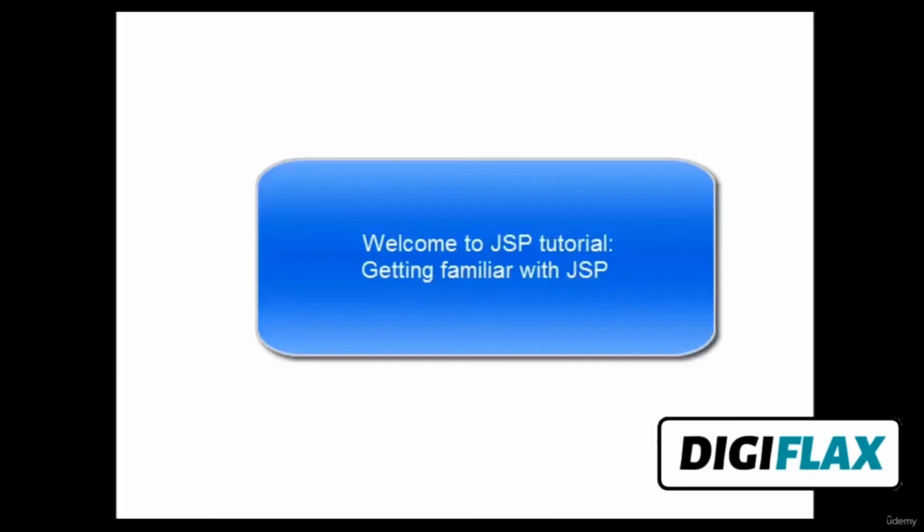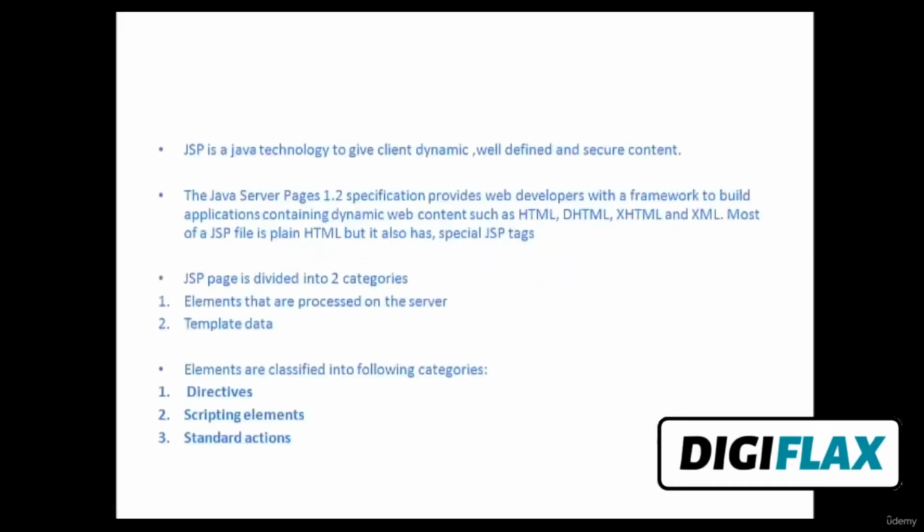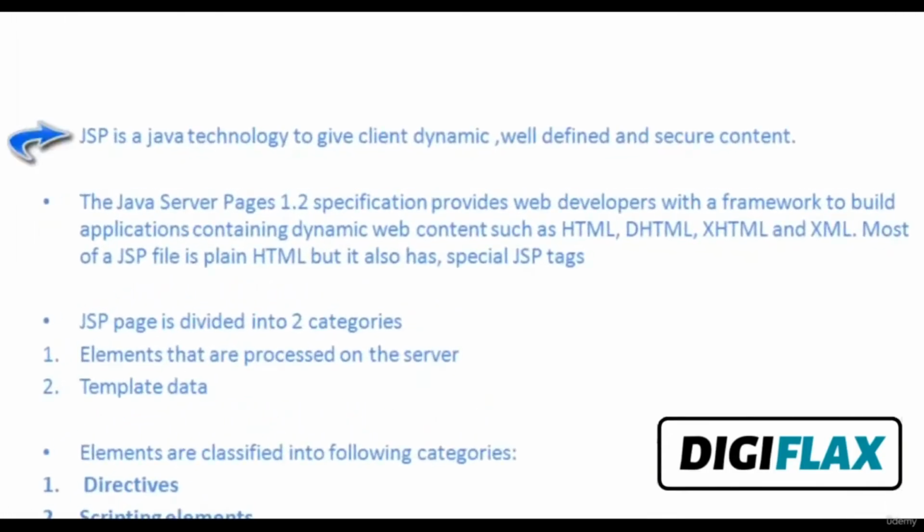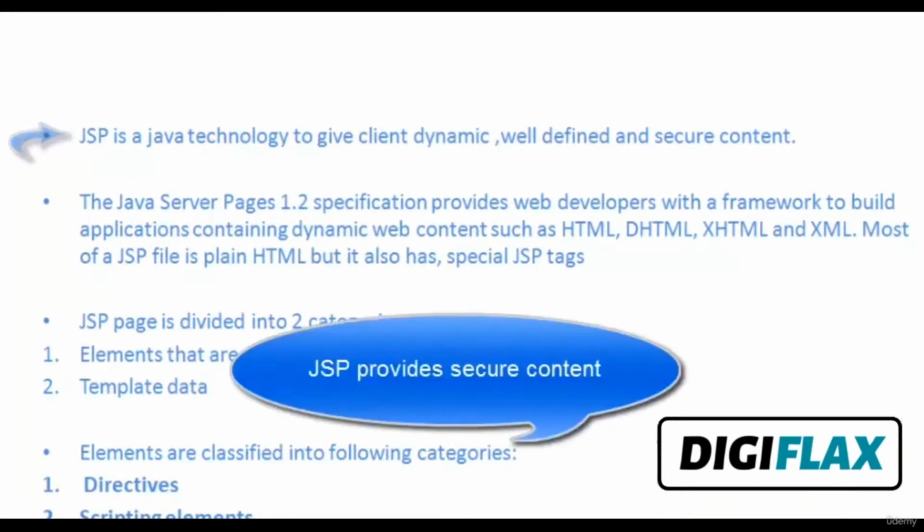Welcome friends. In this video tutorial, we are going to learn the JSP lifecycle. Before going to learn JSP lifecycle, we will learn which are the categories of the JSP page. JSP is a Java technology to give client dynamic, well-defined and secure content.